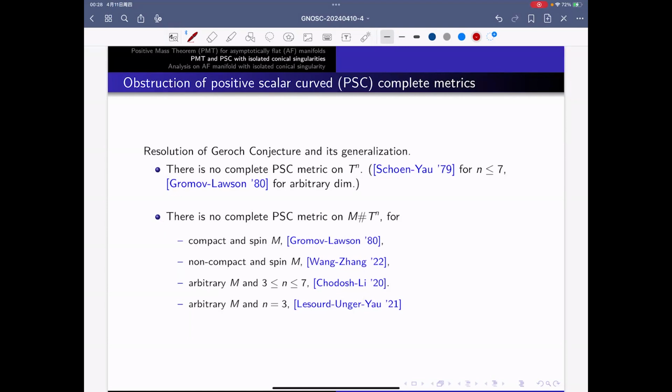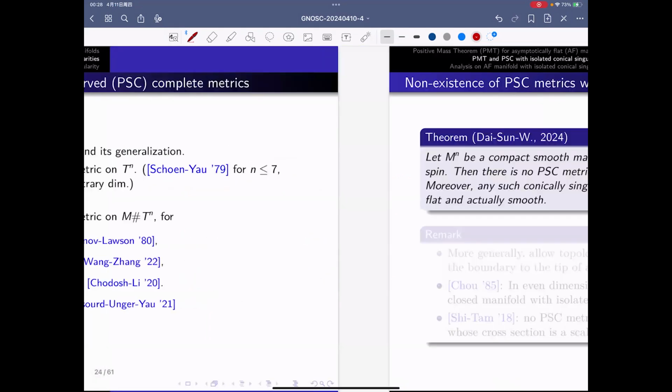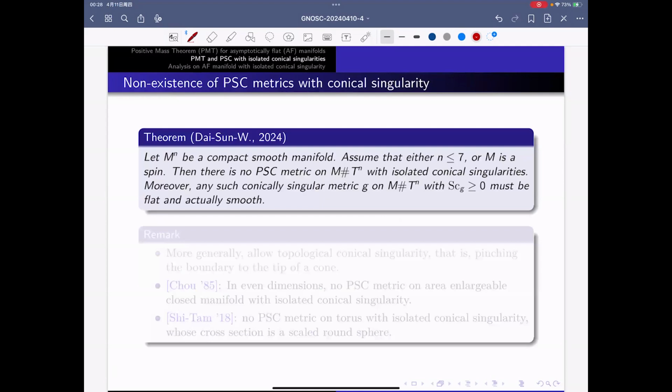All right. So now, based on these extensions of the Gromov-Lawson result in the non-compact case, we can get some non-existence results for positive scalar curvature metrics with conic singularities. So now let's say we have a compact smooth manifold M, and the dimension is at most 7, or it's spin of arbitrary dimension.